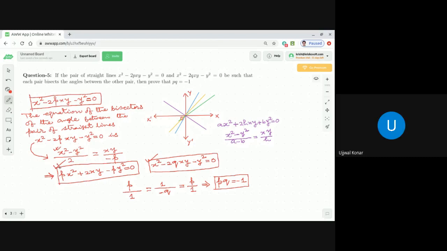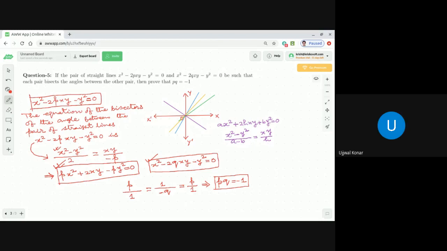Now, if you go through the question, if the pairs of straight lines x square minus 2pxy minus y square equal to 0 and x square minus 2qxy minus y square equal to 0 are such that each pair bisects the angle between the other pair.